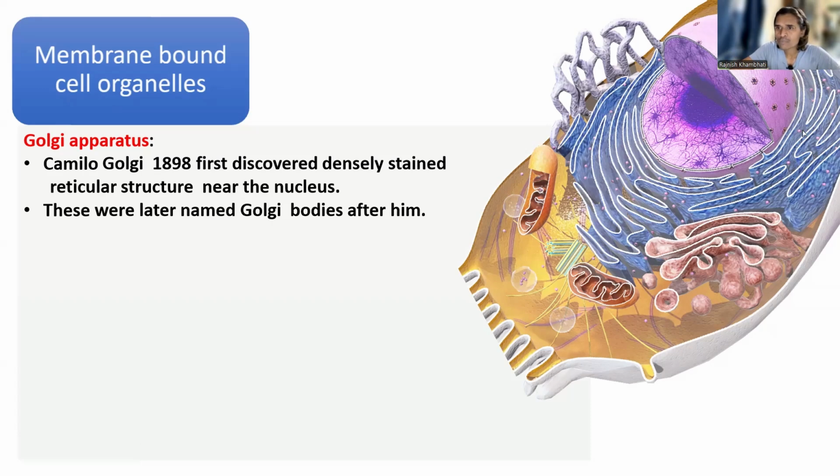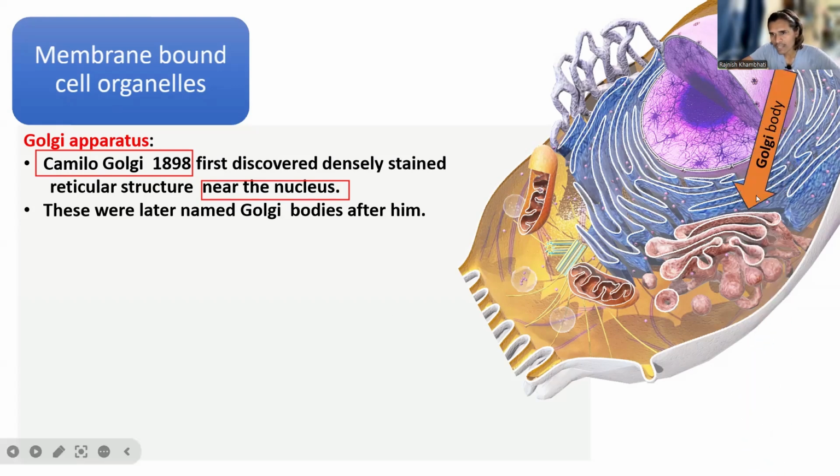There are a few topics we have to underline: discovered by Camillo Golgi, and it is present near the nucleus. These were later named after the scientist as Golgi bodies or Golgi apparatus.